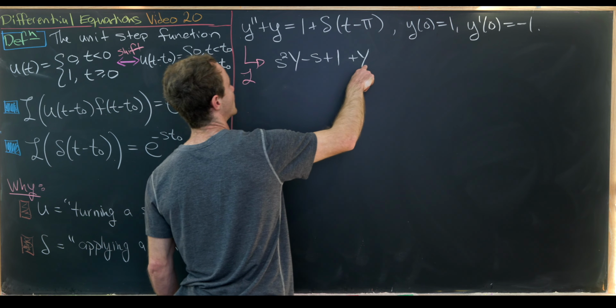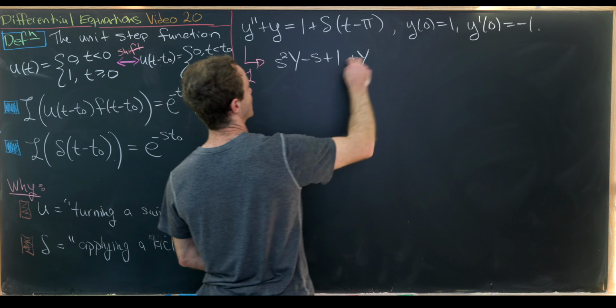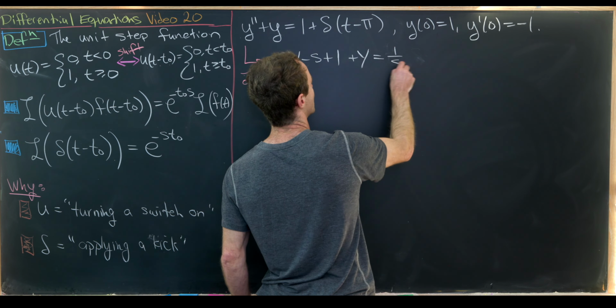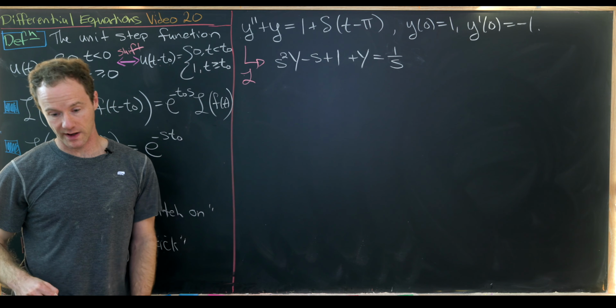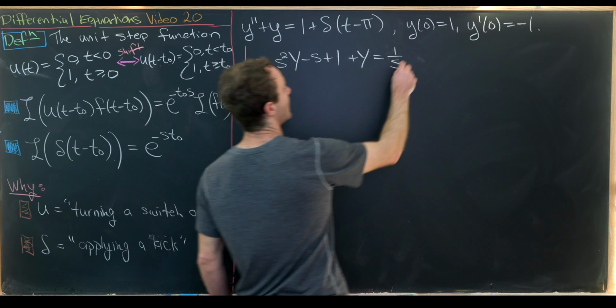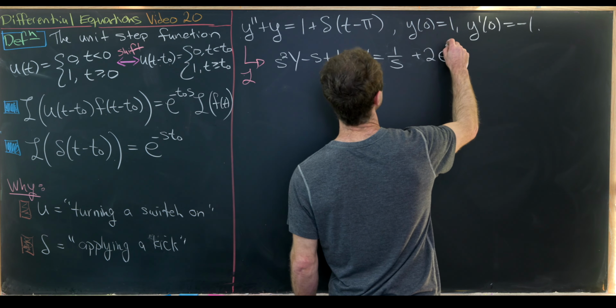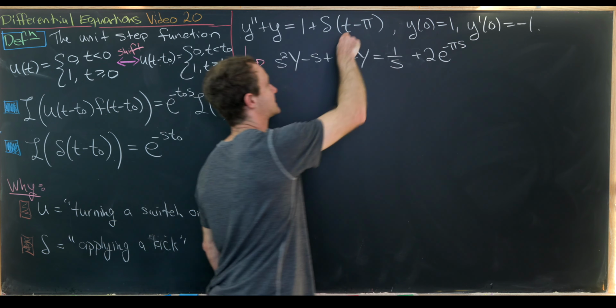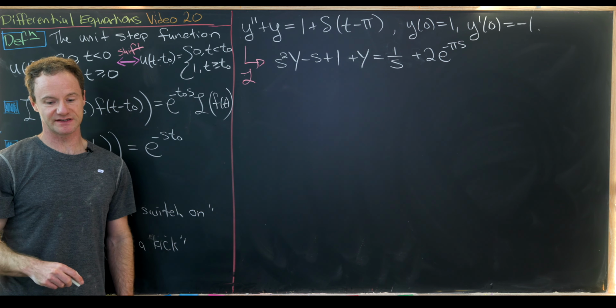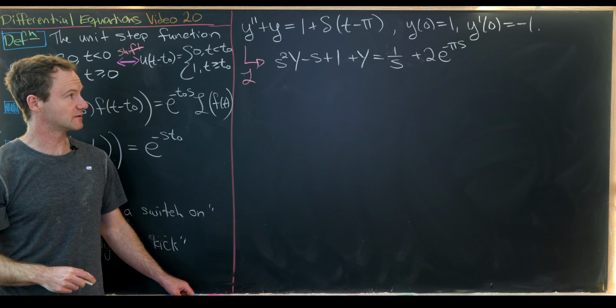Then finally, we'll have plus Y from the Laplace transform of little y. And this equals 1 over s, that's the Laplace transform of 1, and then plus 2 times e to the minus pi s. That's our Laplace transform of this shifted delta function.